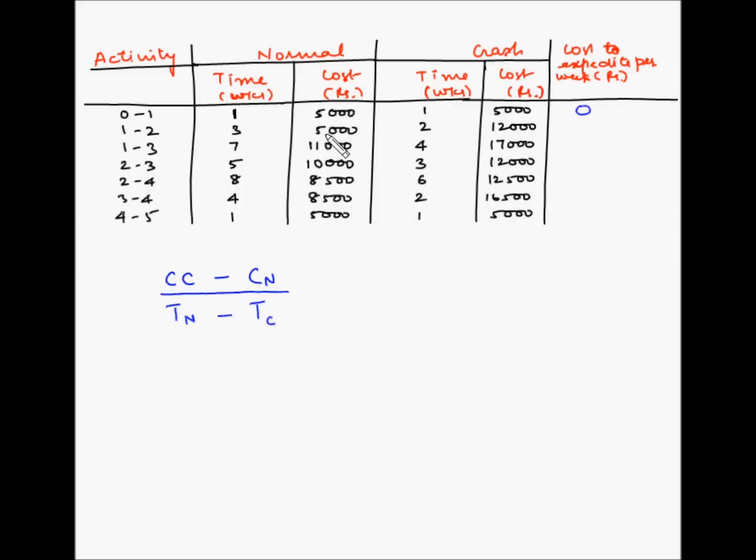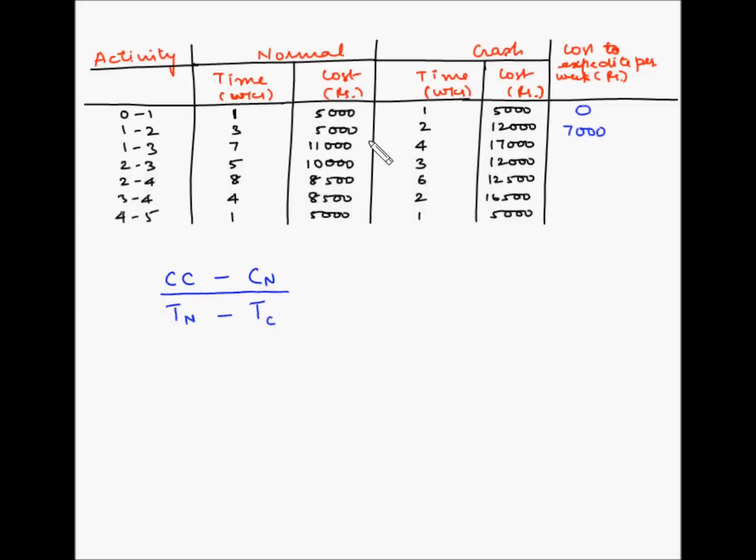For the second activity, the cost is increasing by 7,000 rupees. So 12,000 minus 5,000 is 7,000, and the time is reducing by 1 week. So basically with this formula it becomes 7,000 divided by 1, which is 7,000.